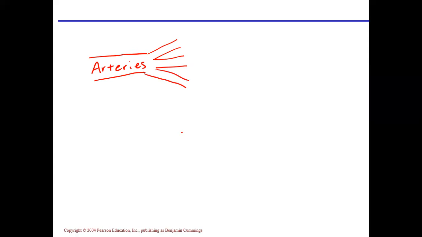In other words, from arteries the blood pathway goes into the arterioles. Arterioles are smaller arteries, so I'm just going to show you branches, all right? And notice the diameter is getting smaller. This happens to be an arteriole.